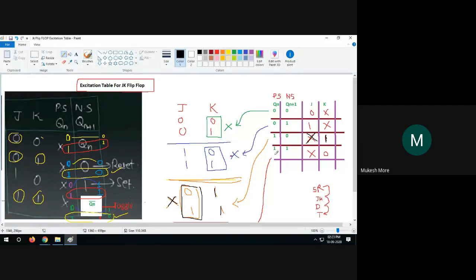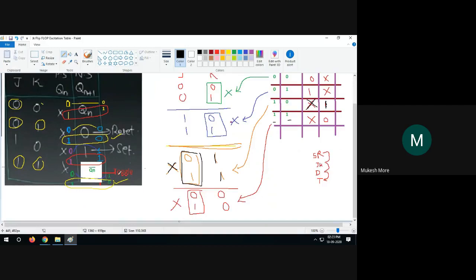So 1 1, present state 1, next state 1. We'll see where the present state is 1 and next state is 1. For the third combination, 1 1 is there, as well as for the first combination.